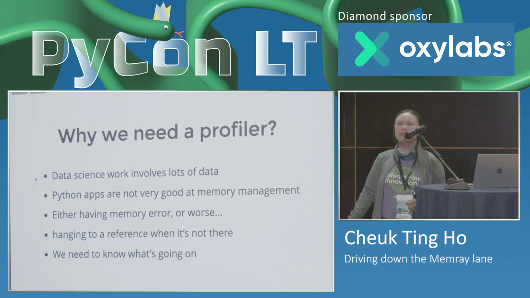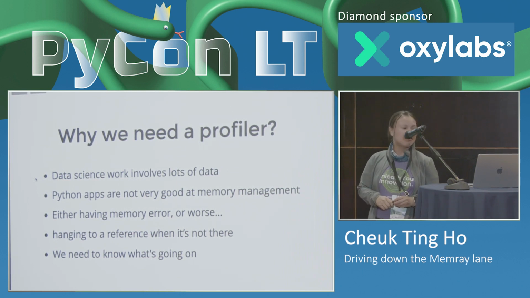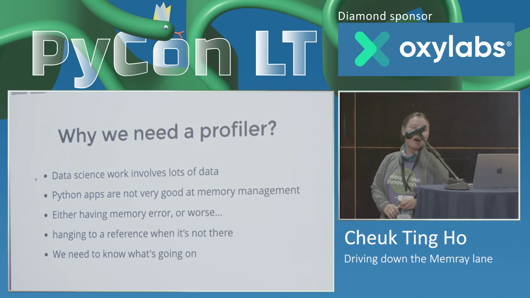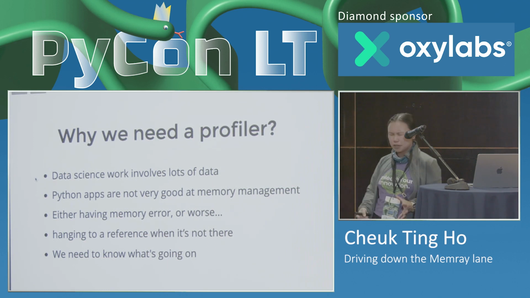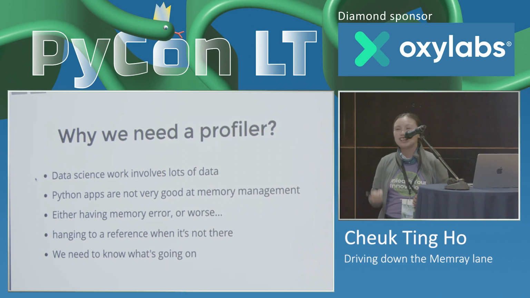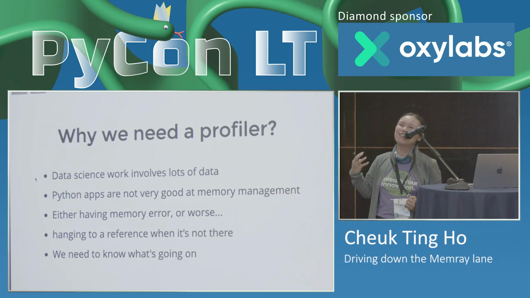And the other problem is that Python apps are not very good at memory allocation. I say that because Python has its own mechanism for handling memory allocation, for example for small objects, which I will touch on in the next slide. Again, we want to avoid a memory error, or even worse, when there's no memory error and your program is just hanging there forever.